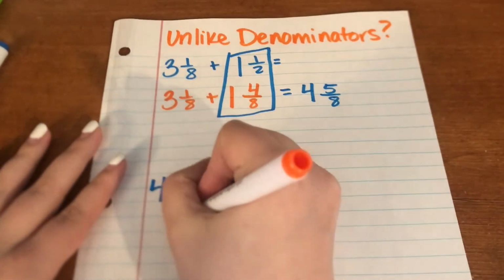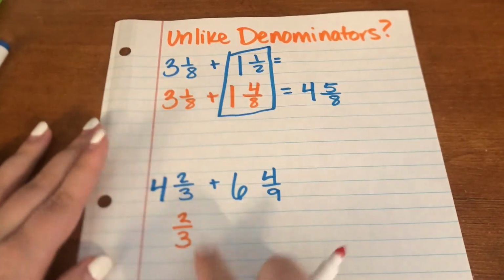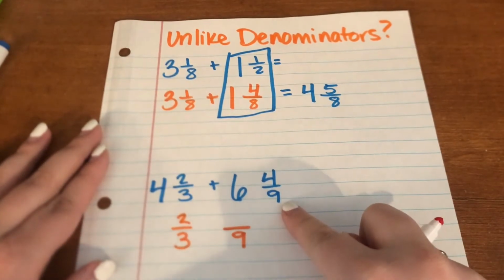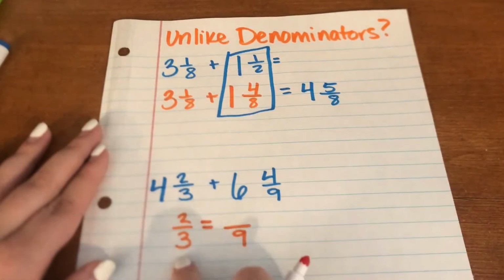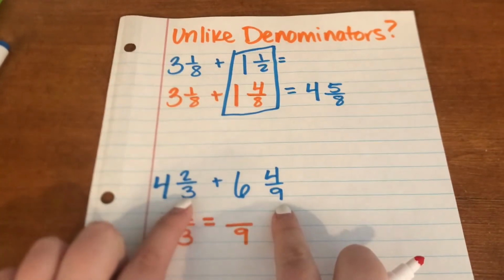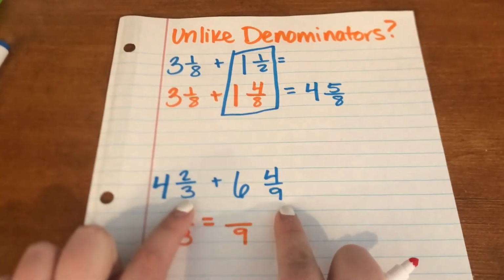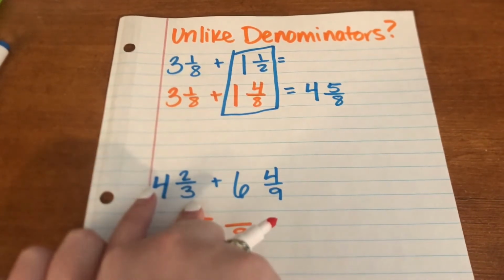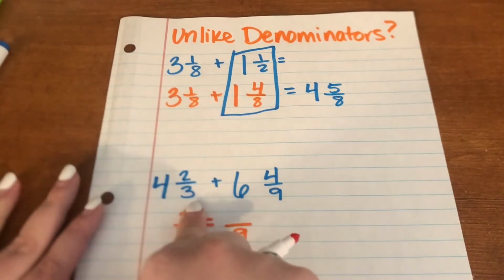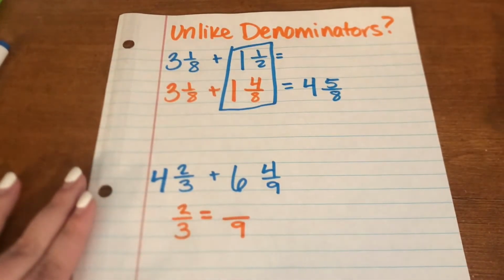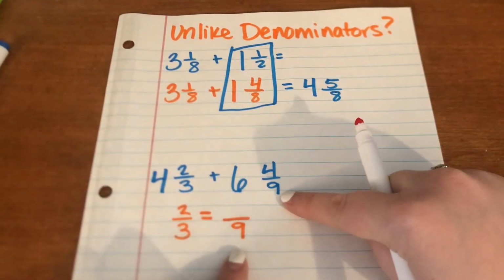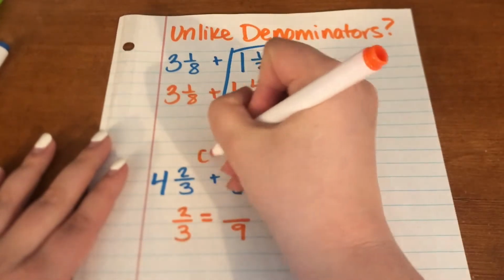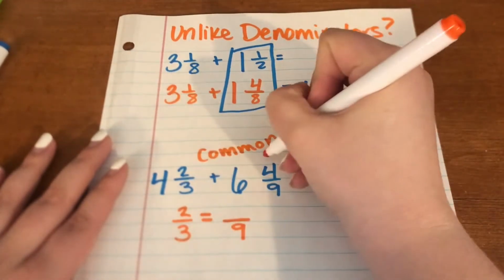We want our fraction to have a 9 in the denominator so that they're easier to add. Or we could have done vice versa, finding them having something in the same realm of 3. Meaning we're trying to find a common denominator. We're trying to find them both to have a denominator in common. We call this a common denominator.